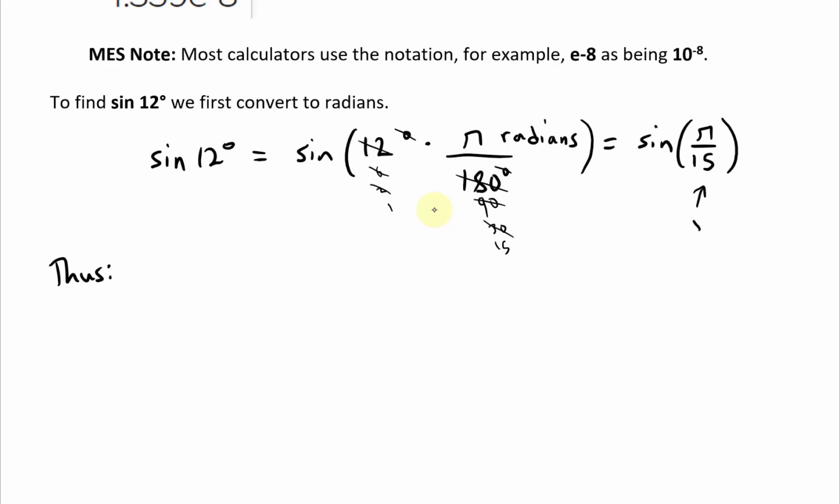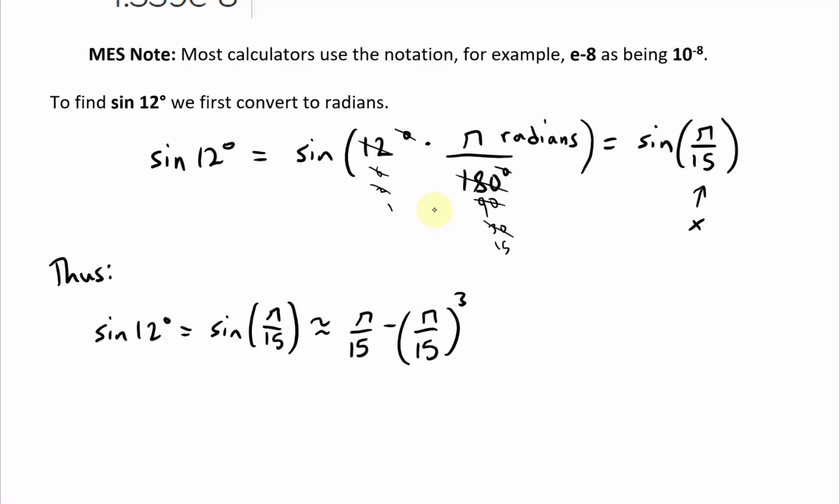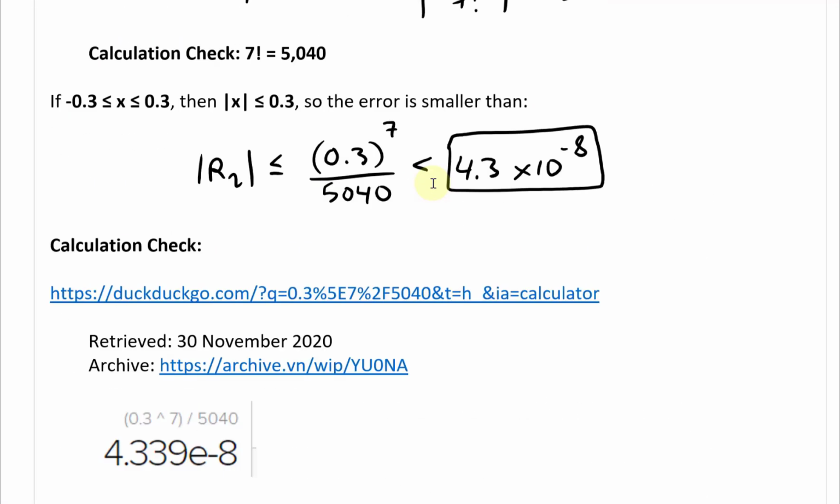So we're going to have sine of 12 degrees is equal to sine of pi over 15 radians. And this is approximately equal to, an approximation of, pi over 15 minus pi over 15 cubed. Yeah, this is our approximation.